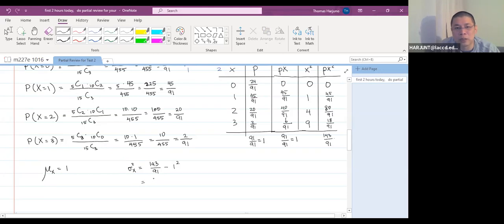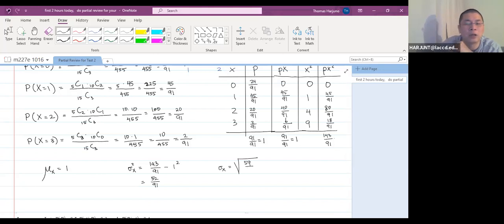So basically, this would be plus 9, so it's 52 over 91, such that the standard deviation will be the square root of that. If you want to make it decimal earlier, that 52 over 91, if you want to convert that to decimal, go ahead, and then you do the square root.